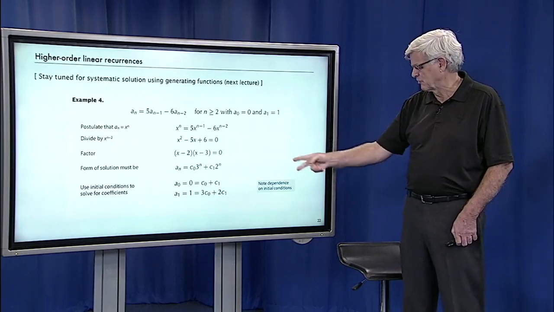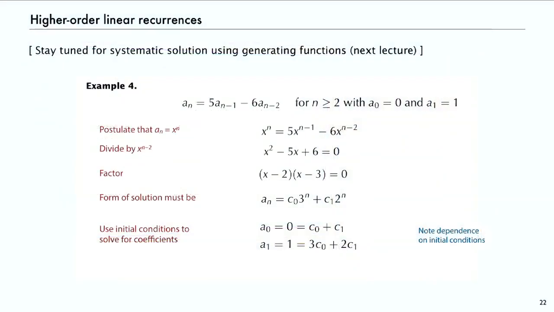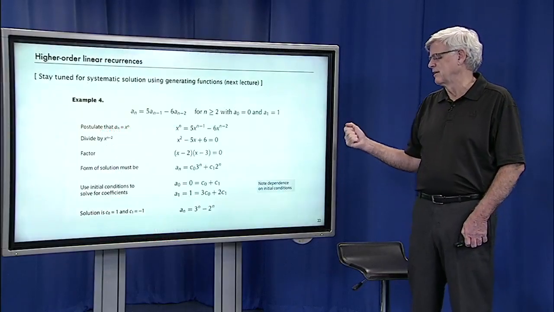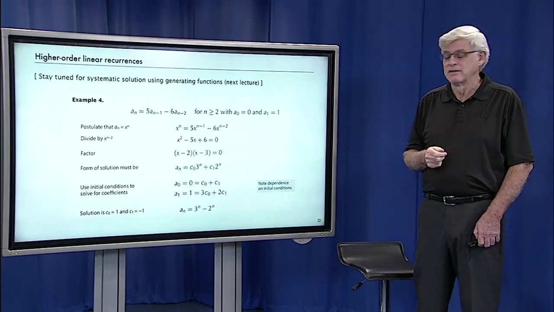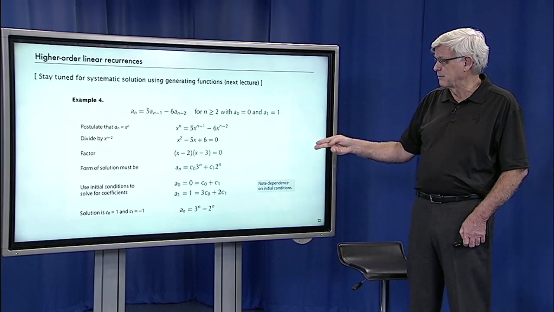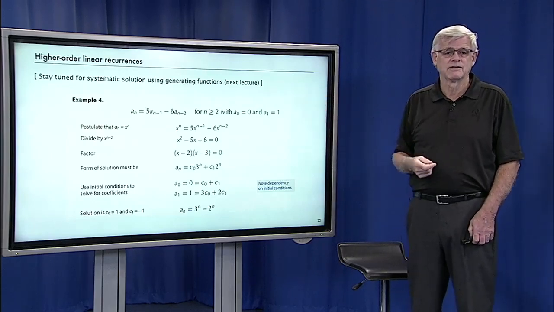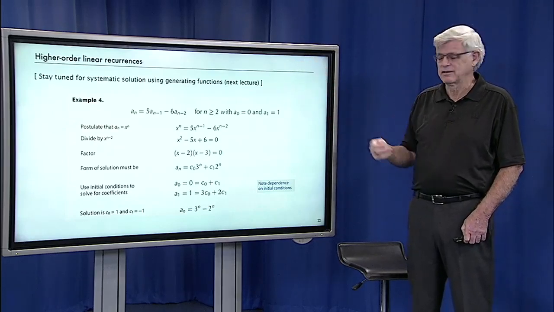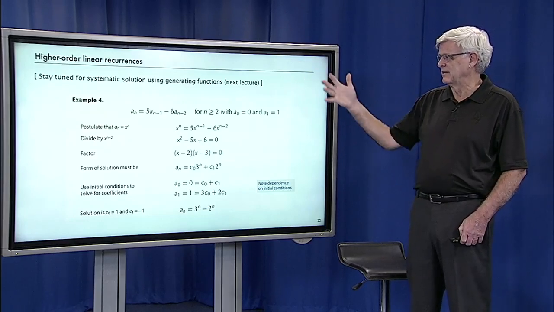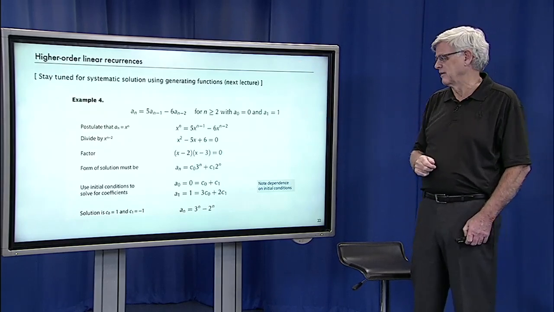So those are simultaneous equations in C0 and C1, and then the solution is C0 equals 1, C1 equals minus 1. 1 plus minus 1 is 0. 3 times 1 plus 2 times minus 1, 3 minus 2 is 1. And then that's the solution. A sub n equals 3 to the n minus 2 to the n is a solution to that equation. Plug it in to check that that's the answer, but that definitely works in this case.